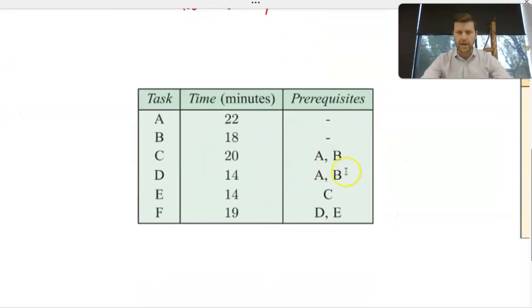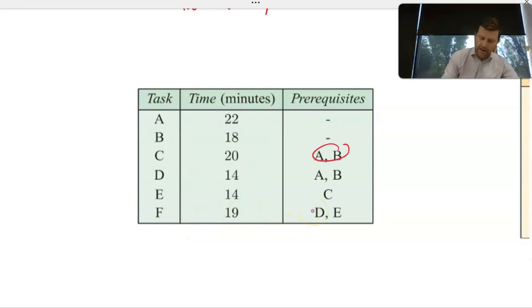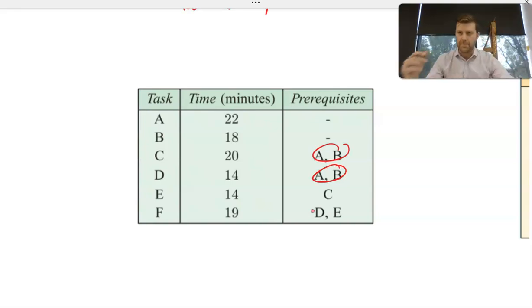A and B are prerequisites to tasks C and D. C is a prerequisite for E, D and E are prerequisites for F. Now, the only values that appear twice here are A and B, but they both appear twice together, okay? And because they both appear twice together, it's fine that C and D both link on to the end of where A and B converge at a node. So there is no dummy link here.